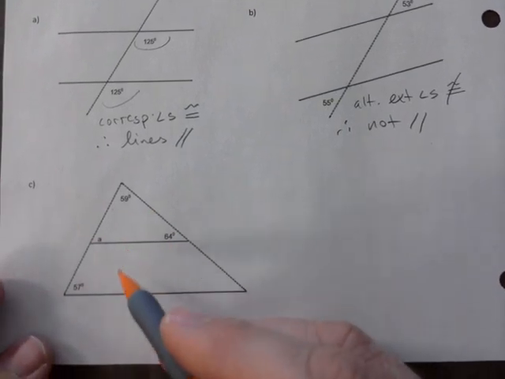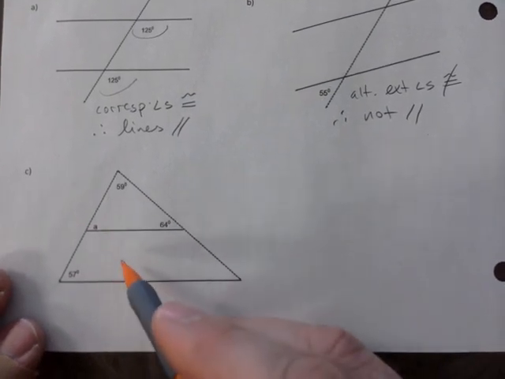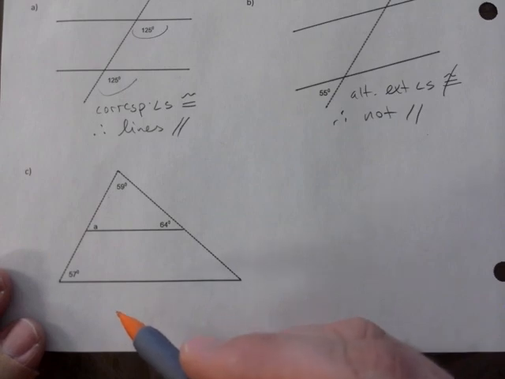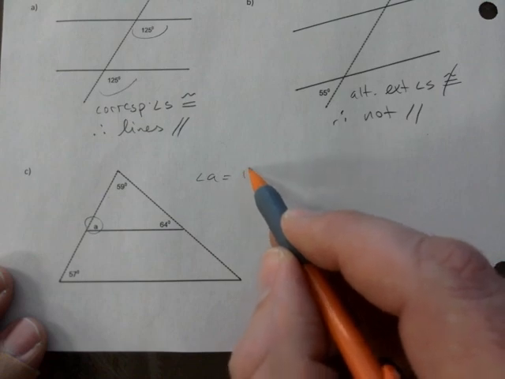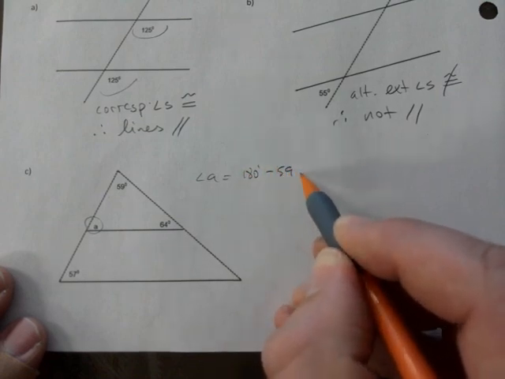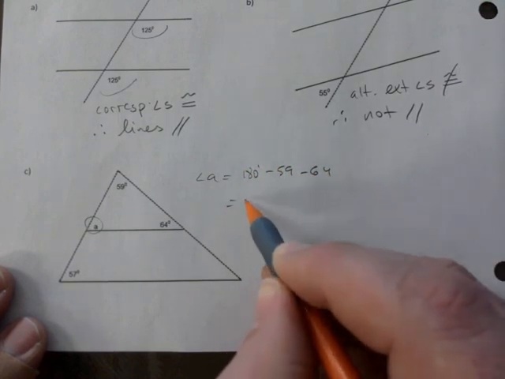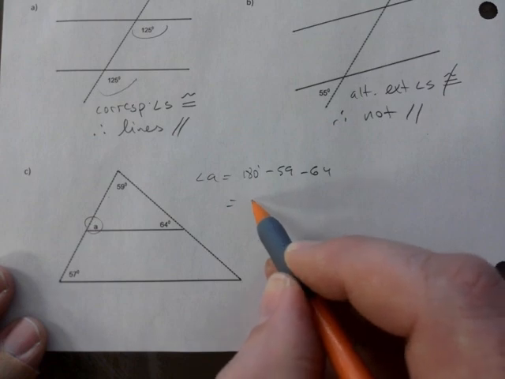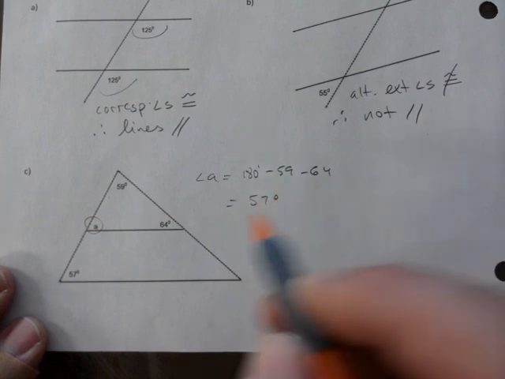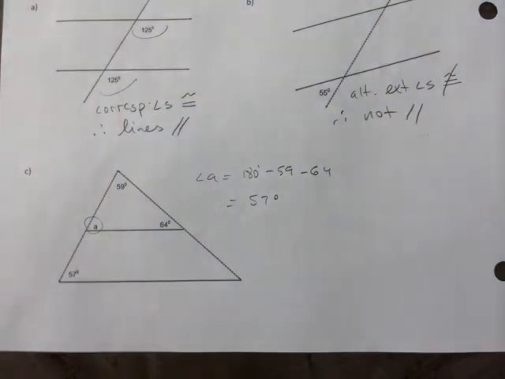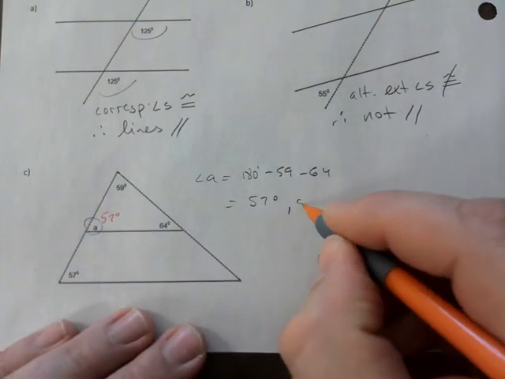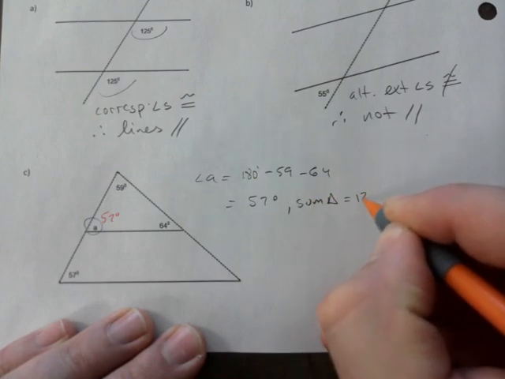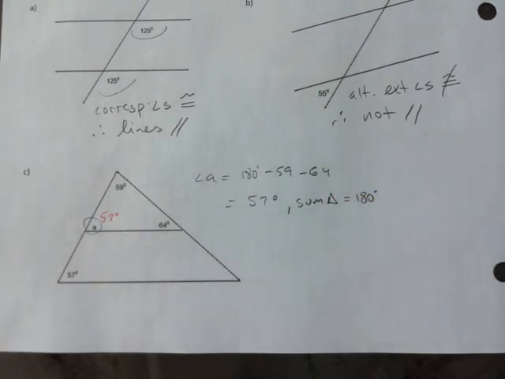This one requires a bit more work. So this one will be worth 2 marks. Okay, so first you need to figure out A. Angle A is 180 minus 59 minus 64, and that gives you 57 degrees. Okay, so now you know that this is 57, and I would expect you say how you found it. If you're not sure, just do it. That's how I found that, and this is always true.